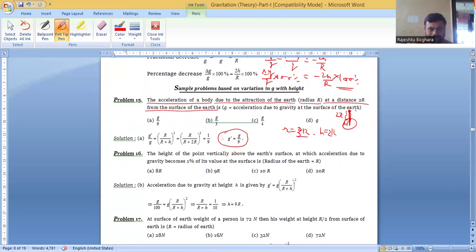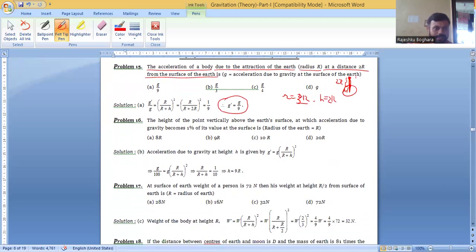Next, the height of the point vertically above the earth's surface at which acceleration due to gravity becomes 1% of its value at the surface is.